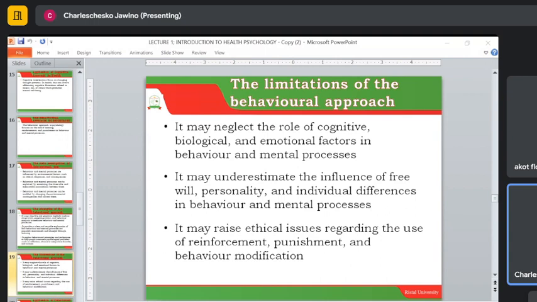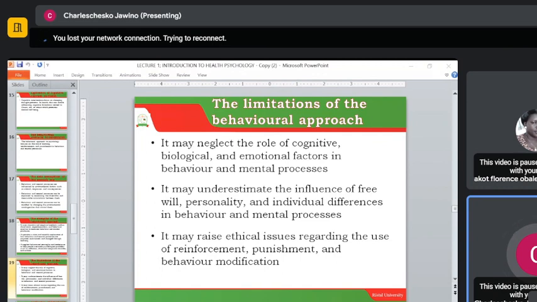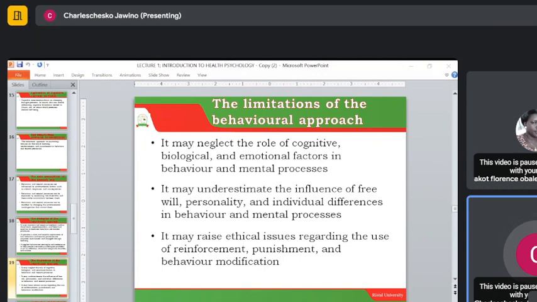That aspect of punishment is unethical, because you're punishing someone not at their free will, and they have not even consented. You get it? So it is unethical, and that becomes a limitation of the behavioral approach.